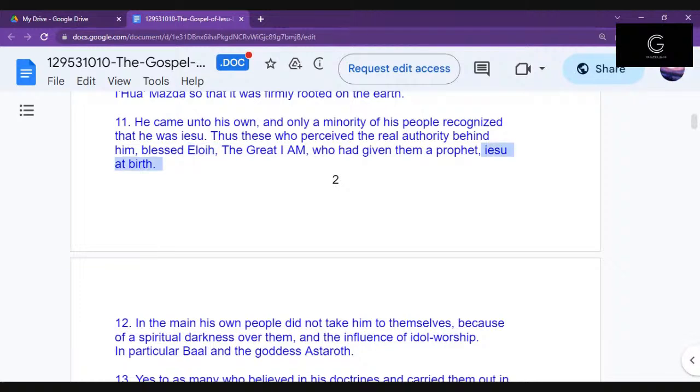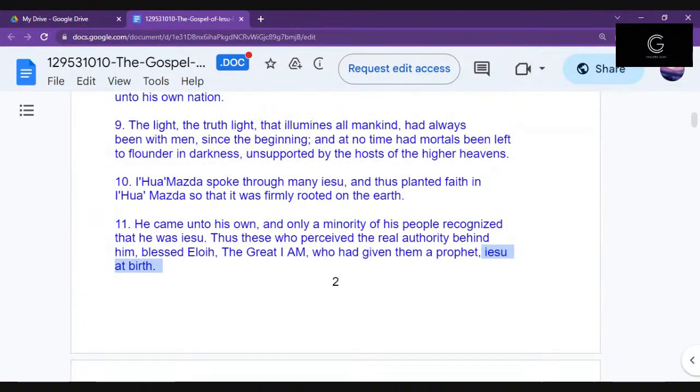Iesu, at birth, a passionless man. He ain't want no sex. He ain't want to drink. He ain't want to hunt. He ain't want to kill. He ain't want to play no sports. He had no earthly ambition, only heavenly ambitions, and the highest. Because what he say?